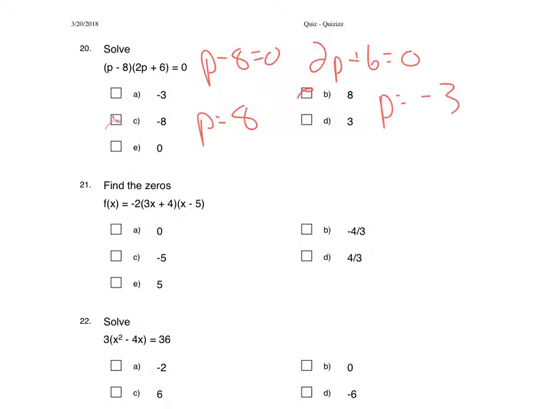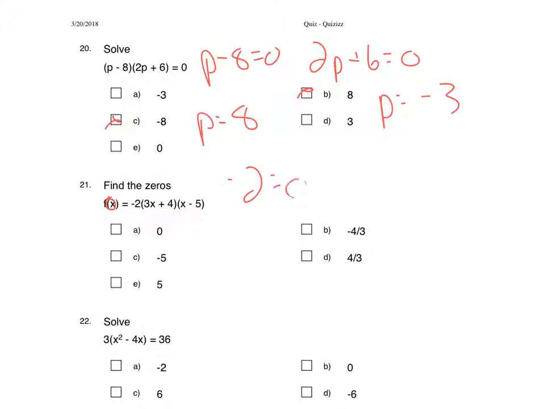So B and C. Now 21 is similar, set up slightly different because it's not already set equal to 0 and they tell you to find the zeros. Remember that finding the zeros just means we substitute 0 in for our y value, in this case our f of x value, and then it becomes just like the previous one.